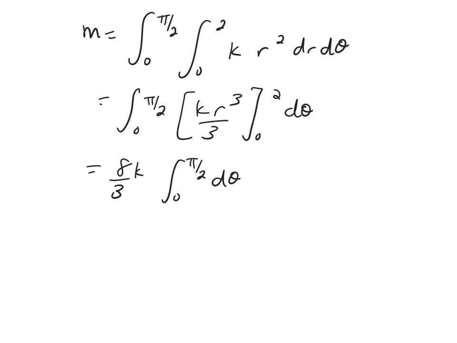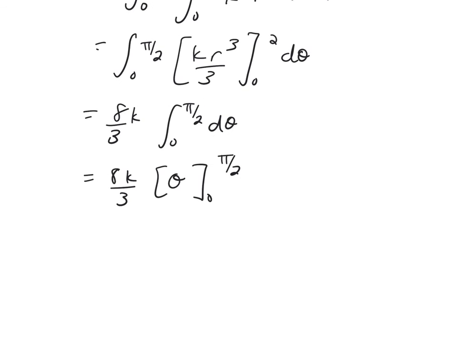Then I'm going to get 8k over 3 theta, and then plug in pi over 2, so you'll get 4 pi over 3 times k. And this would be my mass.